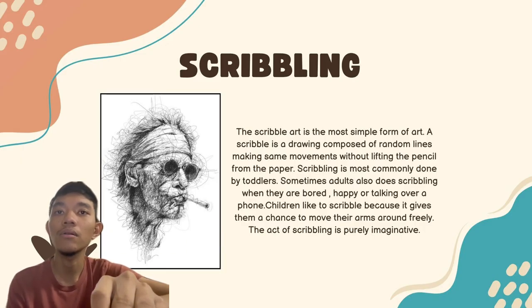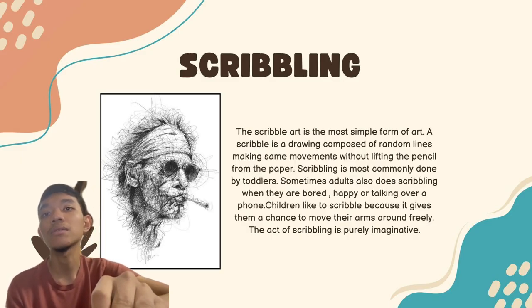Sometimes adults also do scribbling when they are bored, happy, or talking on a phone. Children like to scribble because it gives them a chance to move their arms free. The act of scribble is purely imaginative.